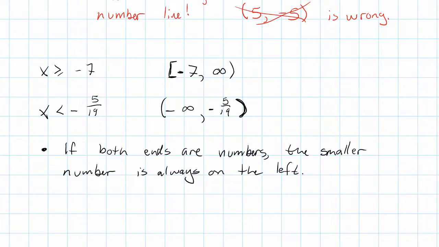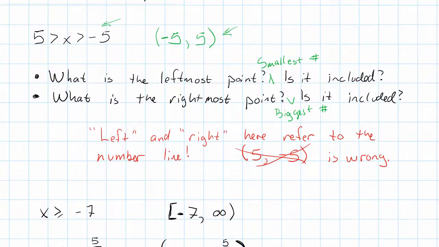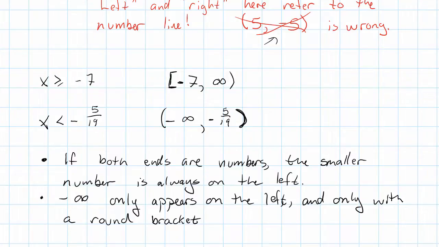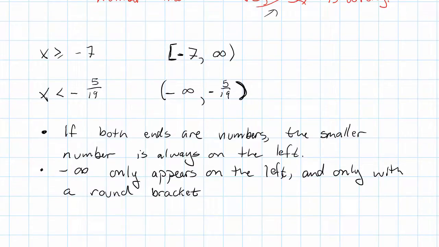First, if both ends are numbers, the smallest number is always on the left. So, -5, 5, not 5, -5. And the other two rules have to do with infinities. -infinity only appears on the left, and it only appears with a round bracket, never a square bracket.